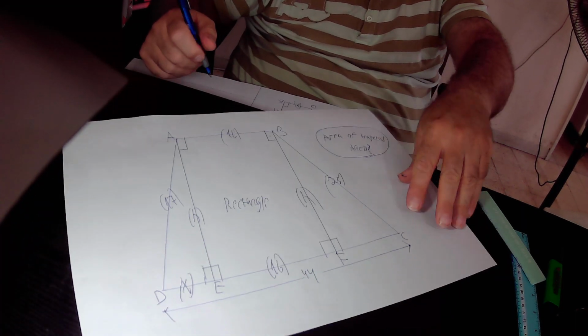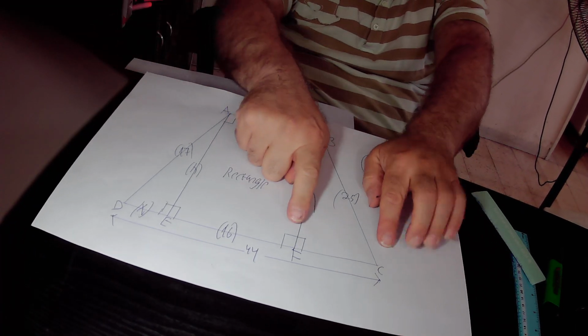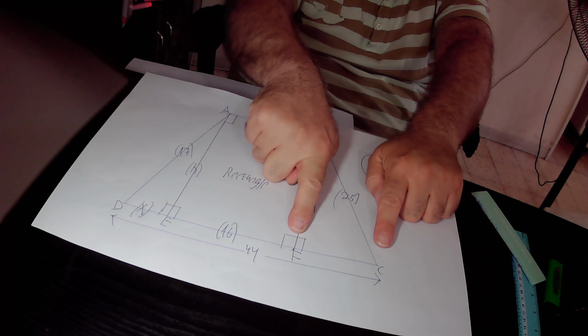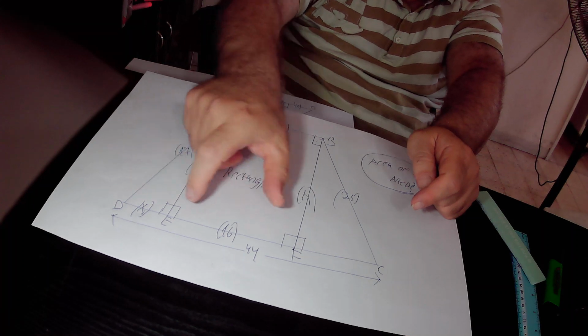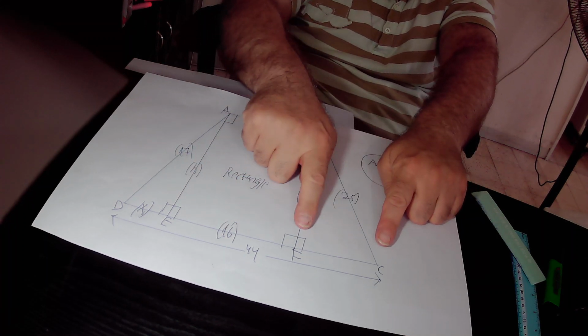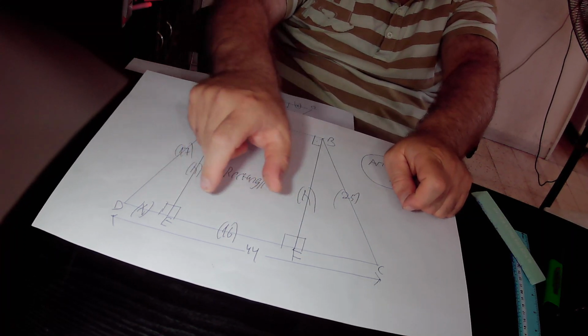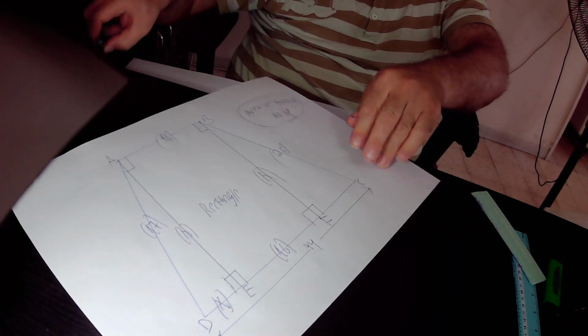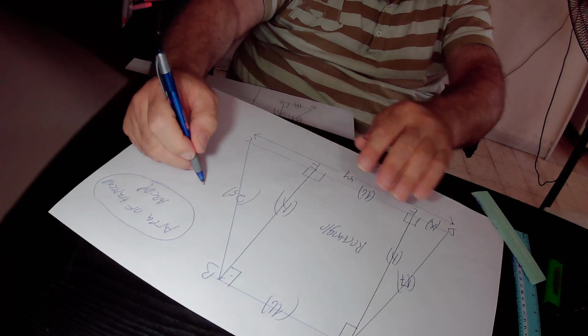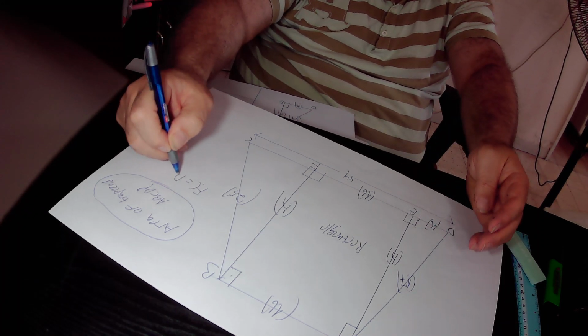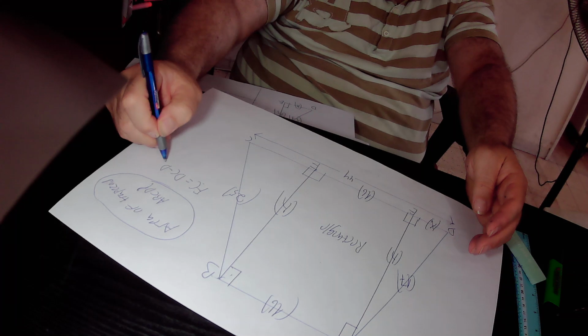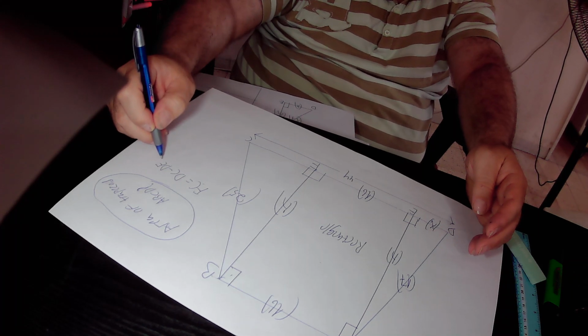What is the length of the missing segment FC? From the diagram, it is very easy to see that FC in total equals DC minus DE minus EF. So write it down: FC is equal to DC minus DE minus EF.